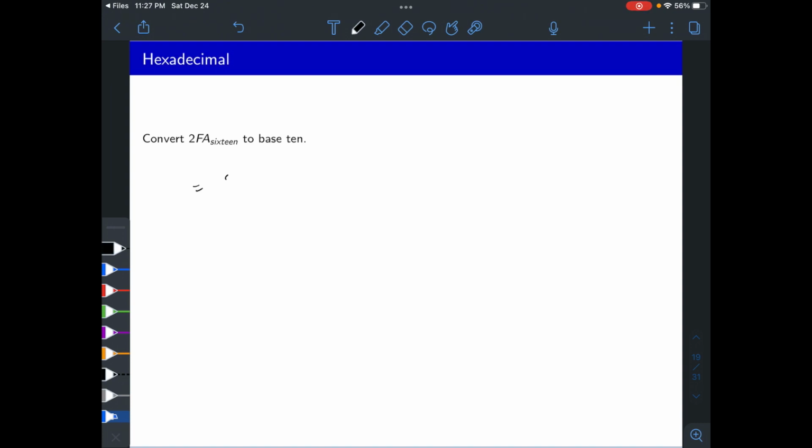All right. So 2 is in the 16 squared place value. F is, I'm just going to write F in the 16 place value, and then A groups of 1. All right, and then 16 squared is 256. What does F represent?